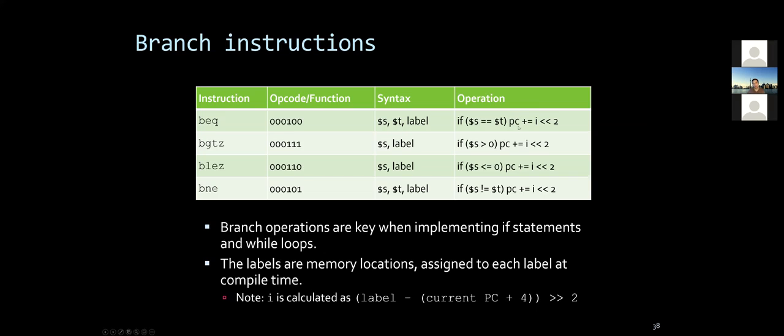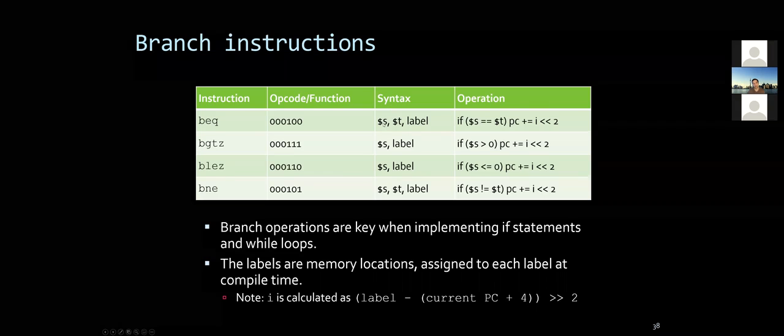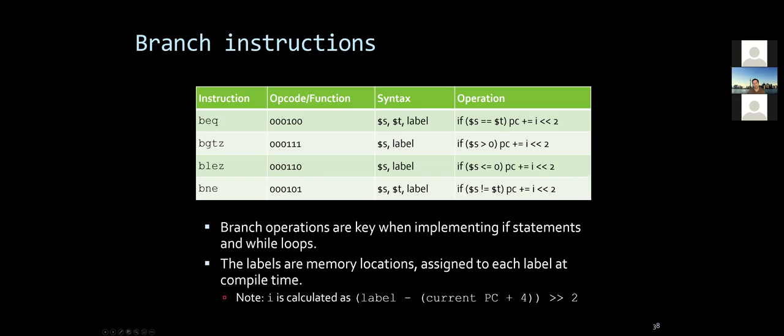So let me explain what's going on here. Essentially, when we want to move things, we have parameters that we use for comparison. So S and T are compared for equality. And then depending on the results, if it's true, we want to change the program counter to a certain position that's specified by the label.